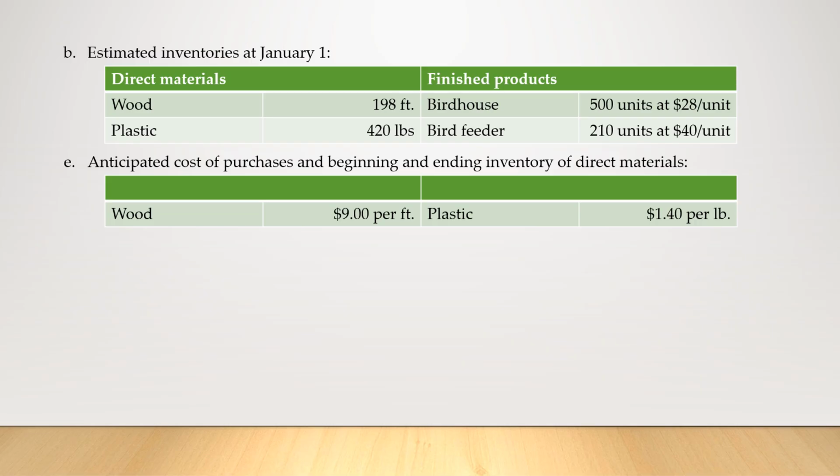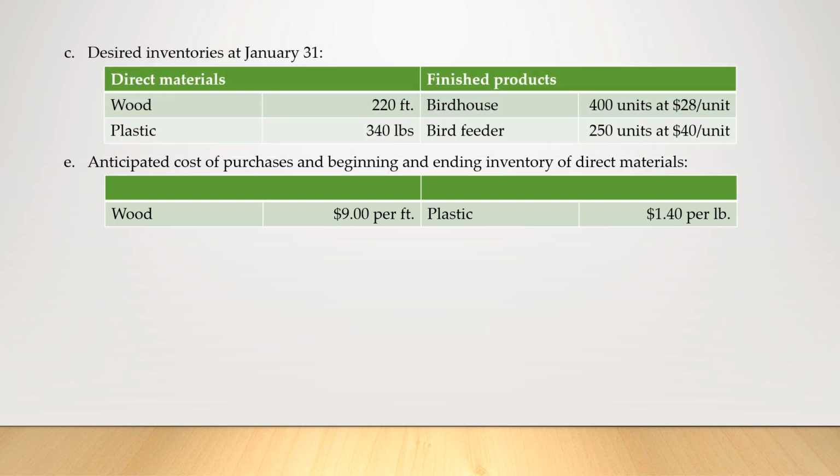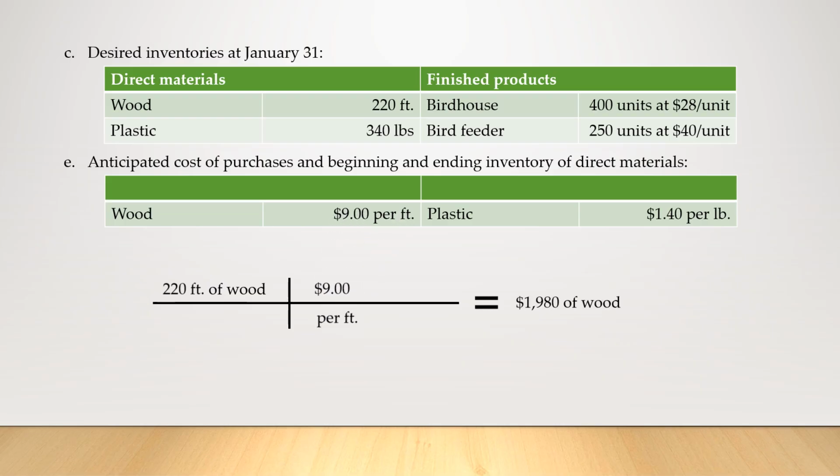We'll repeat the same method for determining the dollar value for ending materials inventory, but use the schedule from item C. These computations indicate that we anticipate having $1,980 of wood, and $476 of plastic.